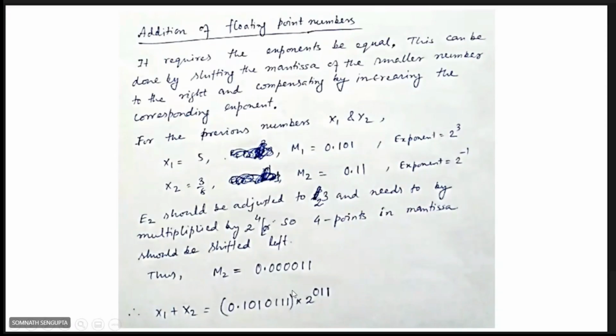Now 2 to the power 3 is in the exponent, and then you add m1 and m2. So it would become 0.101 plus 0.000011. Here one more 1 was written by mistake; m1 and m2 should be added, so it becomes 0.101011, only 1 1.